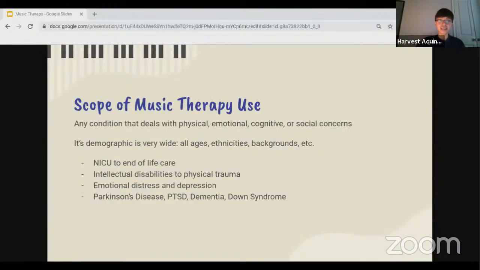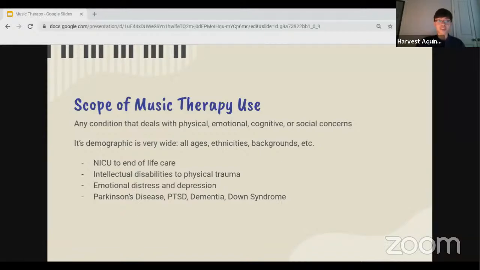Now, onto the specific benefits music therapy serves to offer. Back to its definition, it is the use of music interventions to address really any physical, emotional, cognitive, or social concerns. This means that the demographic it fits is very wide. Patients can be of all ages, all ethnicities, all conditions, and more.